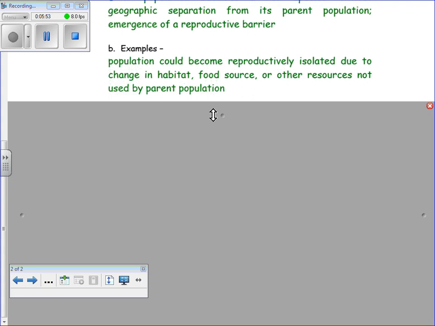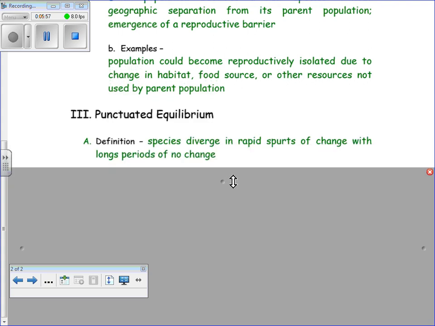The last section of chapter 24 talks about the time frame. How long does it take to evolve a whole new species? There are two terms that I want to explain here: punctuated equilibrium and gradualism. Punctuated equilibrium is when species diverge in rapid spurts of change, and then it goes for a long period of time with nothing happening at all.